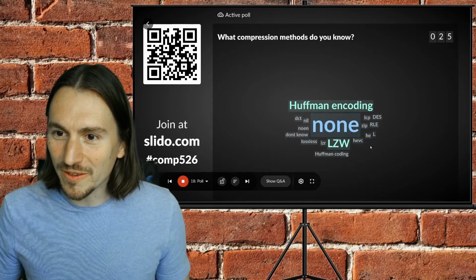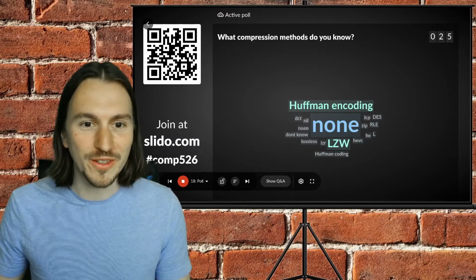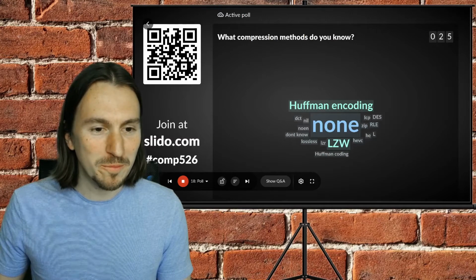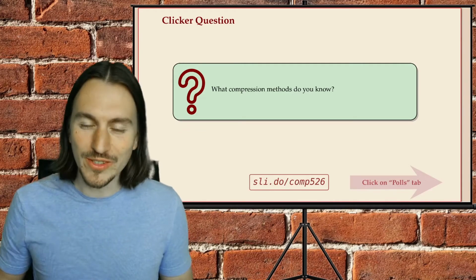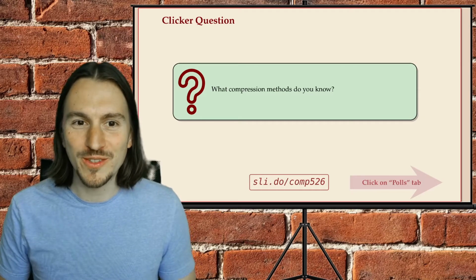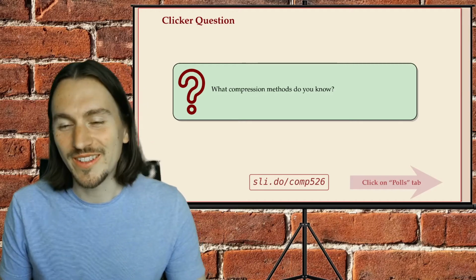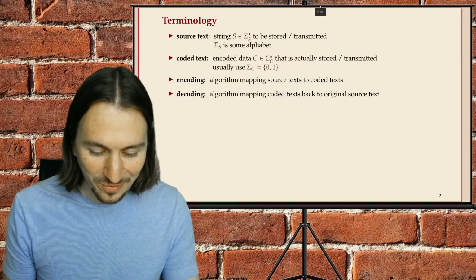Okay, and some more esoteric ones as well. Codecs for video and audio. Cool. Thanks for participating in that one. So you know what these things are. You have seen a couple of examples, at least many of you. And in case you have submitted none, you will see plenty of them in this module.